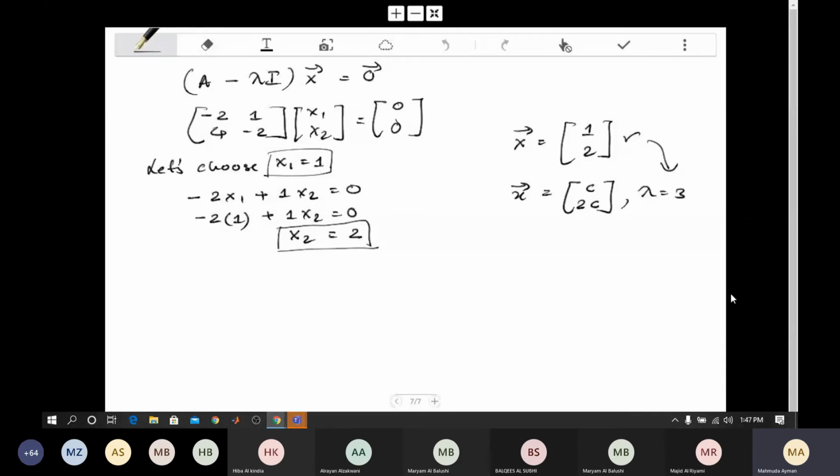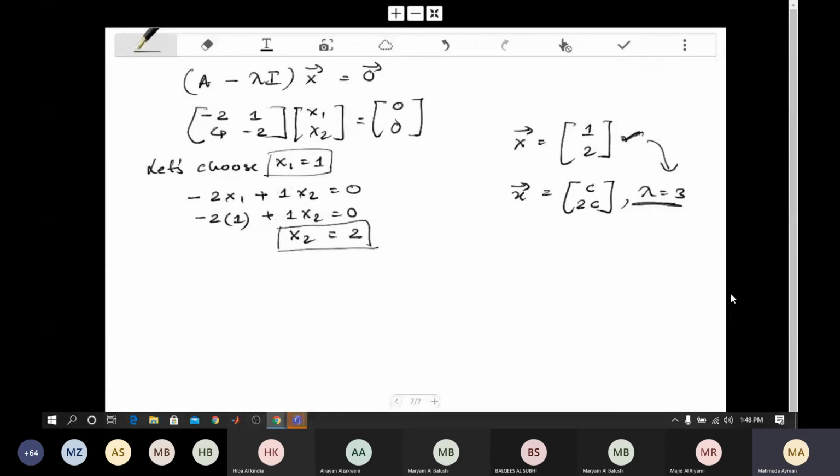What we are saying is that we are trying to find a form of the eigenvector. If you multiply any constant to this eigenvector here, it will still be an eigenvector for lambda is equal to 3. So eigenvectors for lambda is equal to 3 are whenever we have the first element as the element itself, and then the second element will be a multiplication by 2 of the first element. I hope I could answer you.